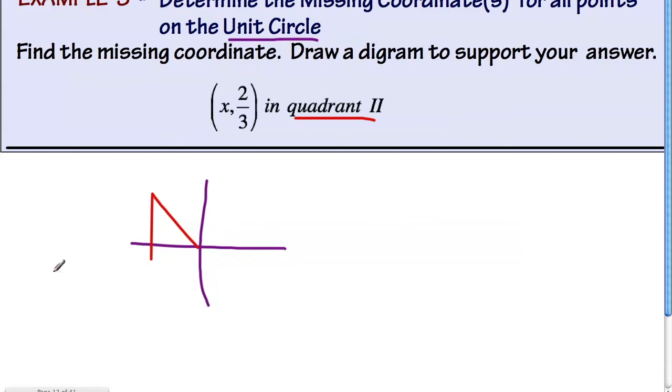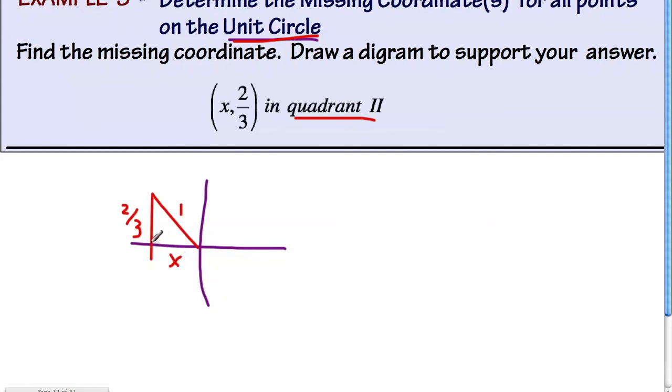So now the x, this guy right here, we don't know. So let's call that x. The y value, the second one in the coordinate, is 2/3. So I know the length of that is 2/3. And because it says unit circle, and I told you that earlier, that's the 1 right there.